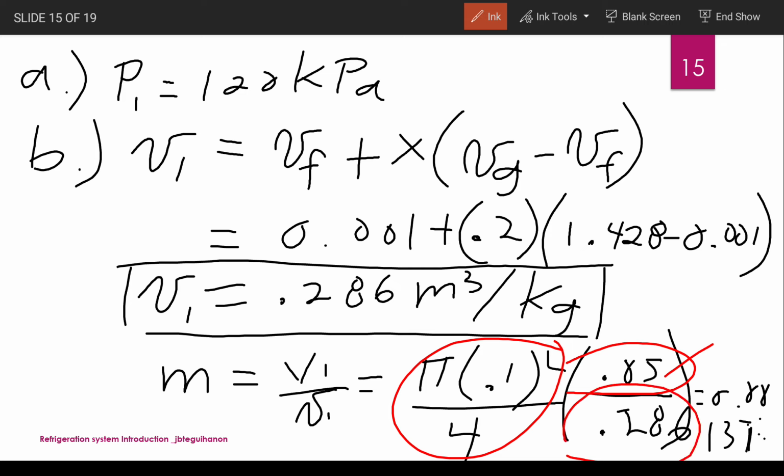Then we have the mass, right? We have got the mass, 0.00137 kilogram. Okay, so it's a little bit, yeah.